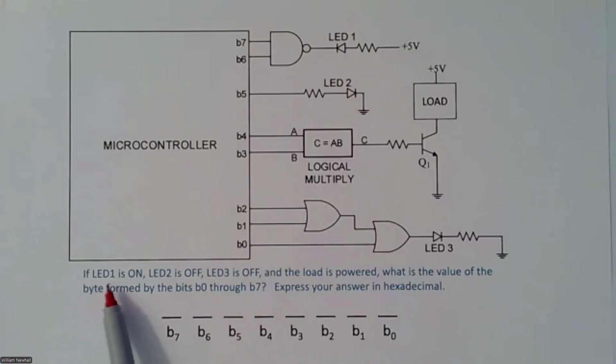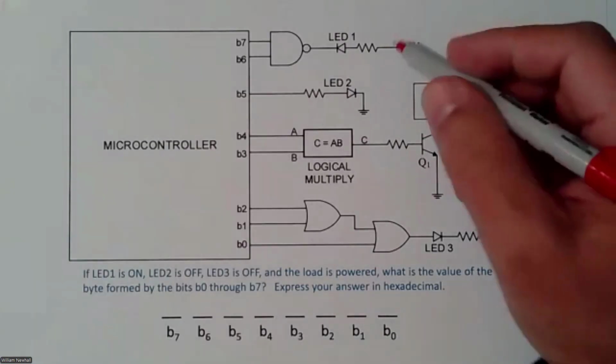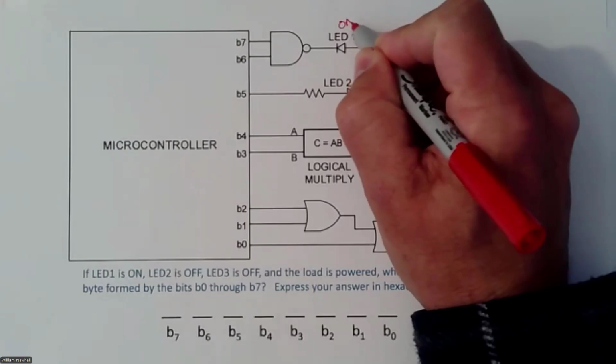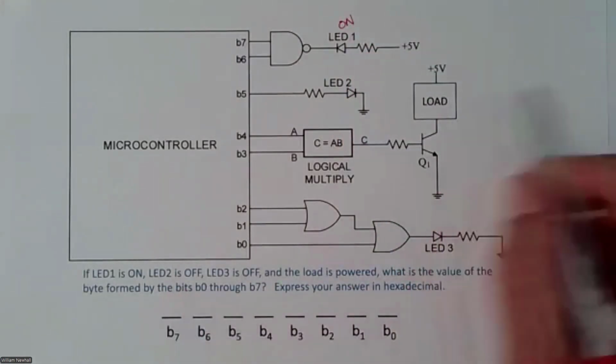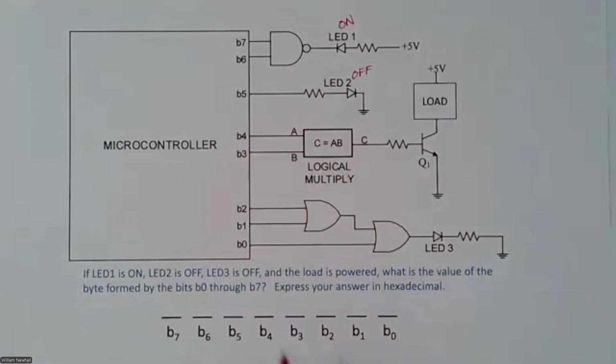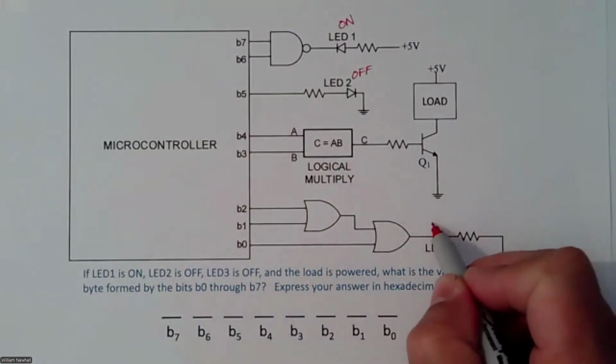So you have these LED states. LED 1 is on, LED 2 is off, LED 3 is off, and the load is powered. Okay, so this LED is on. I'll write on here. LED 2 is off, and LED 3 is off.